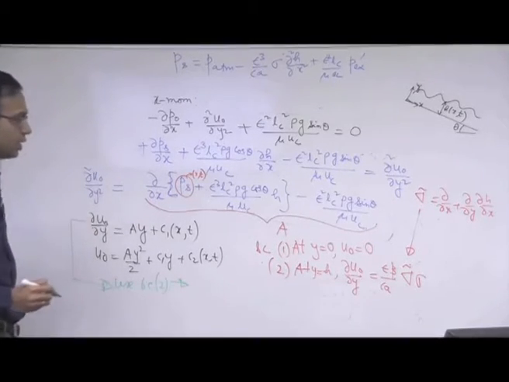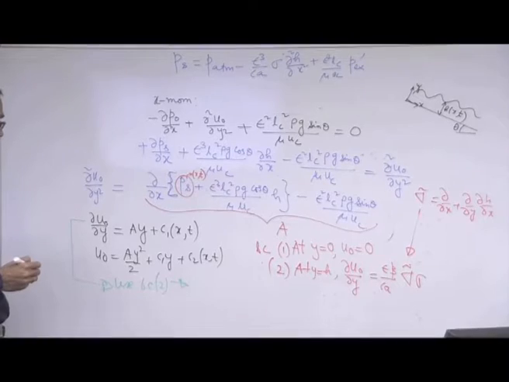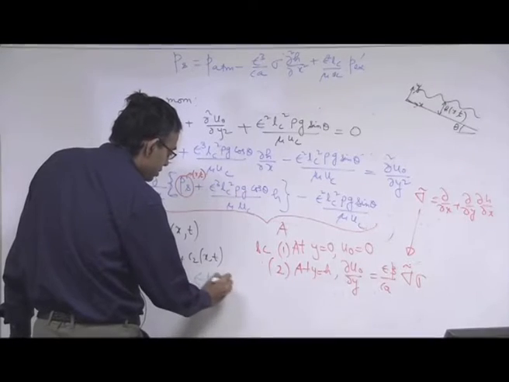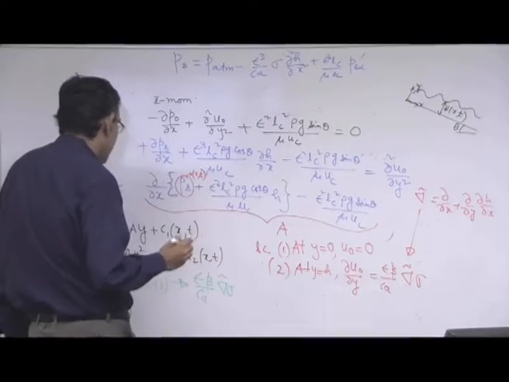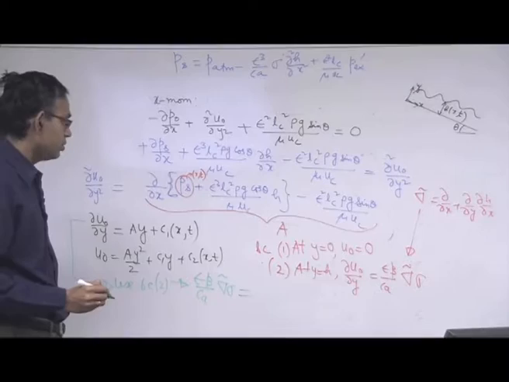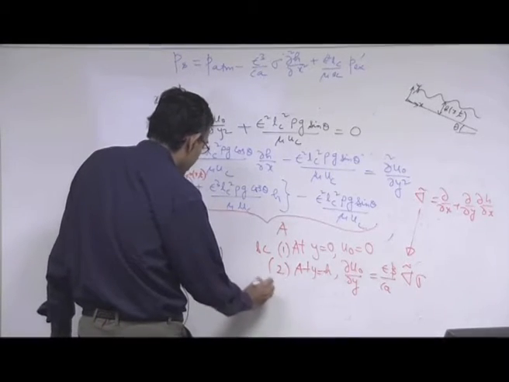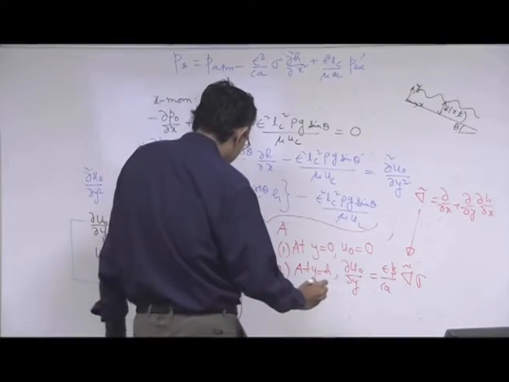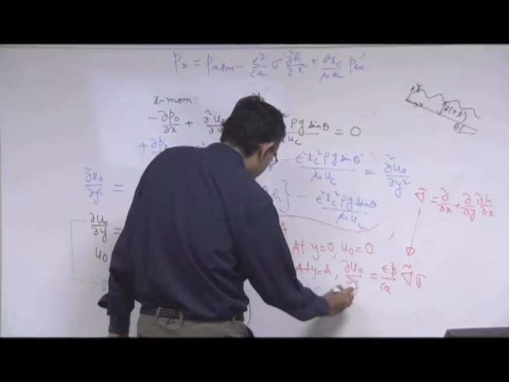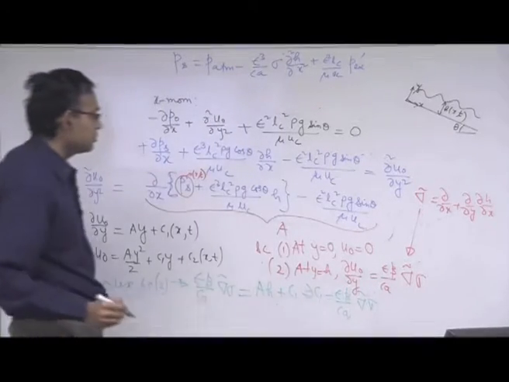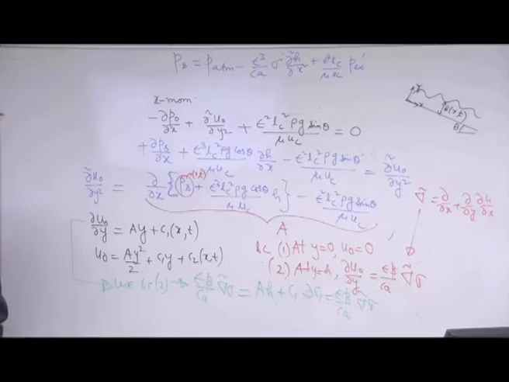So if you use boundary condition 2, then epsilon beta by capillary number del tilde sigma is equal to AH plus C1, which means C1 is equal to epsilon beta by capillary number del tilde sigma minus AH.